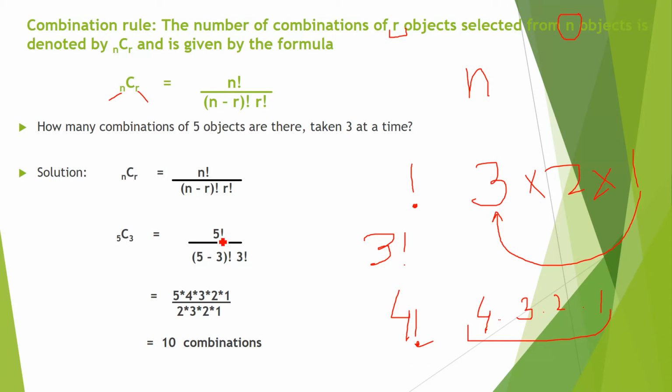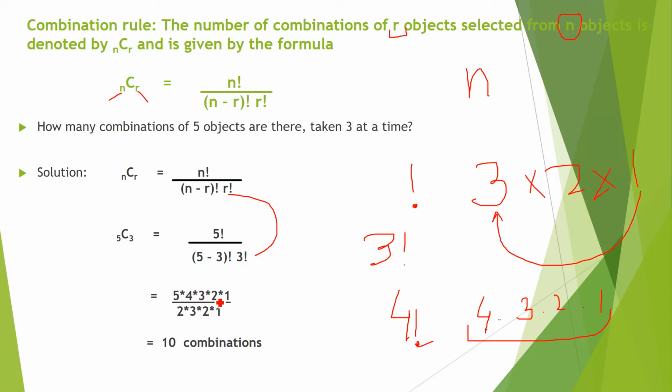So here is 5 factorial, as the total number of objects is 5. Then n minus r is 5 minus 3, which is 2 factorial, and then r is 3 factorial. For 5 factorial, starting from 1 to 5, you can go from right to left or left to right. If you start from the left, you start with 5, 4, 3, 2, 1 in descending order. If you start from the right, you go in ascending order, 1, 2, 3, 4, 5. Normally we start from the left side.